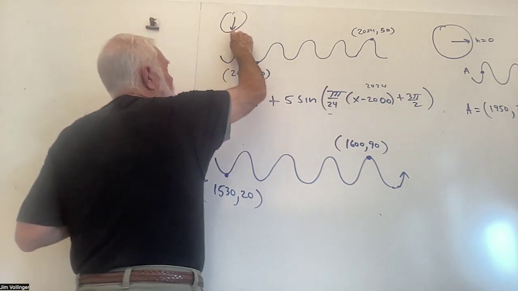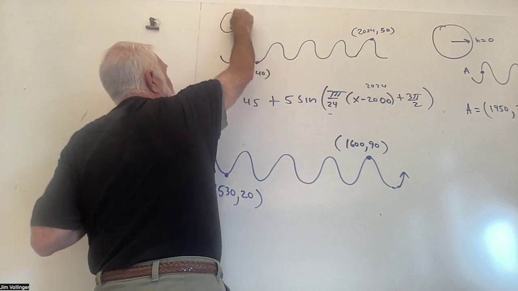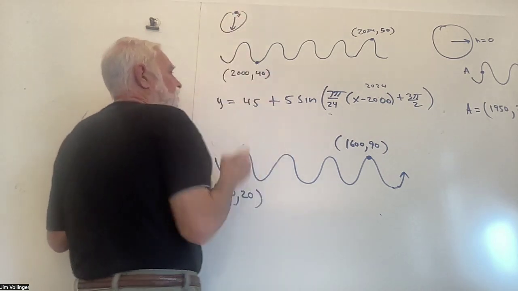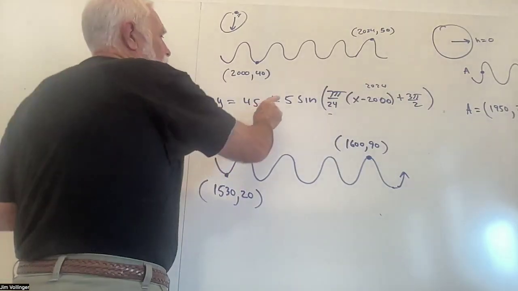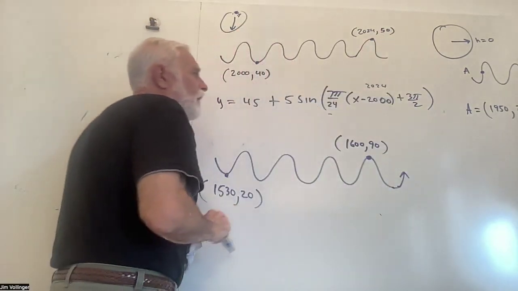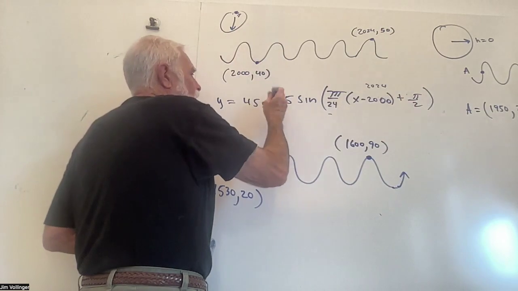So I'm going to start here, 7 pi. 1, 2, 3, 4, 5, 6, 7 puts me up at the top, which is a max, which is the number 1. And that means 1 times 5 is 5 plus 45 gets me 50. If I wanted to base it off of pi/2, I would have had to make a negative.